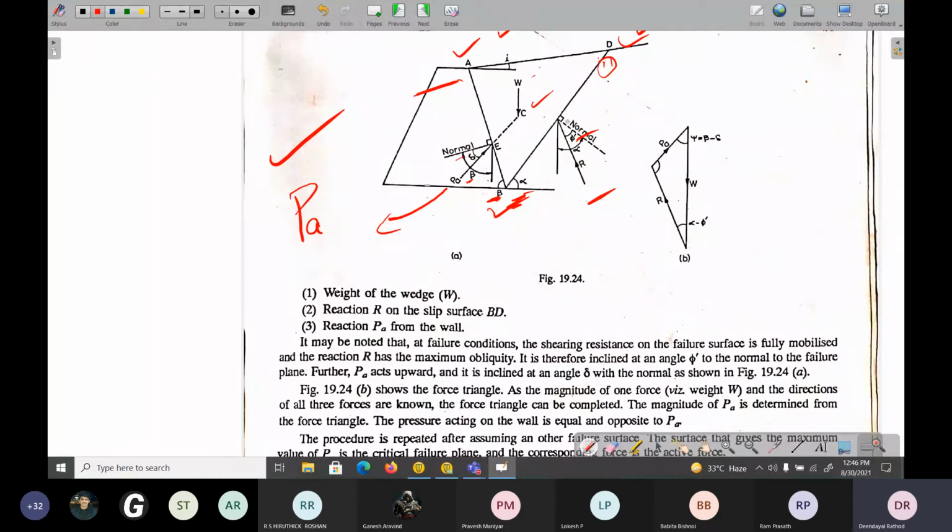What he has done is he has drawn the normal for both the cases, and he says that with phi this reaction R takes place, because the slide is moving down, and this makes the angle delta. This R term makes an angle with phi.